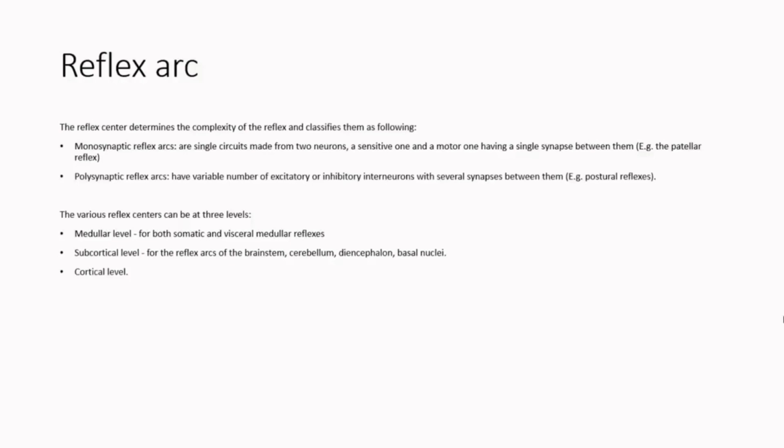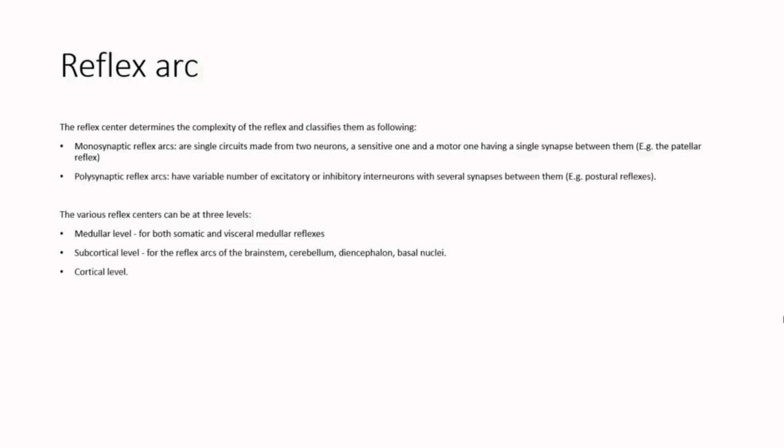So now we have talked about the receptors and then the afferent pathway. Now we come to the reflex centers, and here is where we determine the complexity of the reflex, and we can classify them as two. We either have monosynaptic reflexes or polysynaptic reflexes, and a monosynaptic reflex is made up of two neurons.